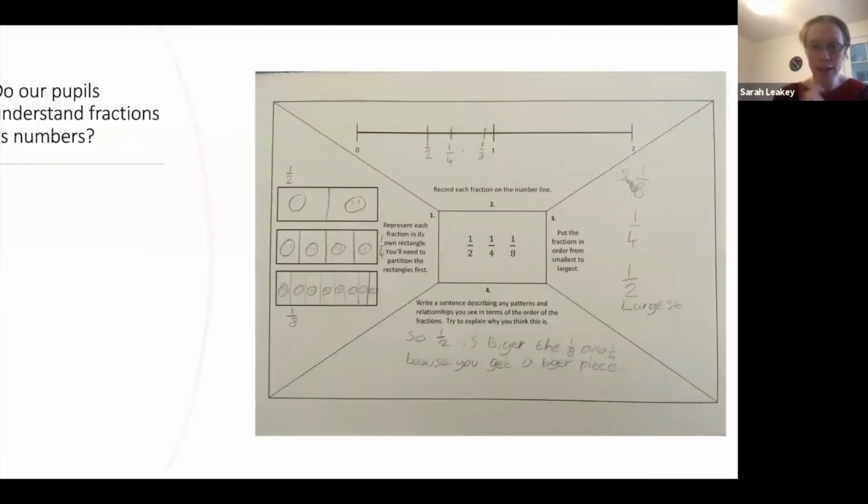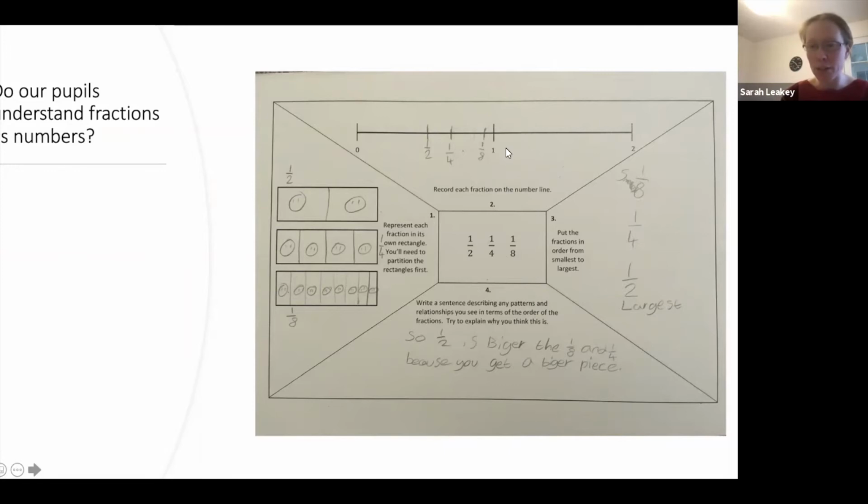To illustrate that point a little bit more, I've got a think board here. And pupils were asked to explore these fractions in different ways. Here they were asked to represent each fraction in its own rectangle, and the pupils managed to do that fine. Over here, they've also had to order them from smallest to largest, and they seem to have done that fine.